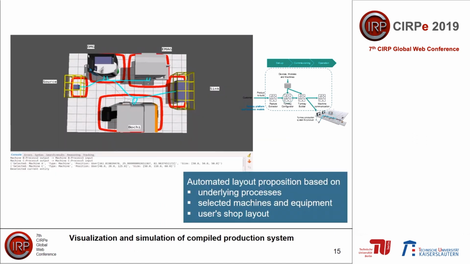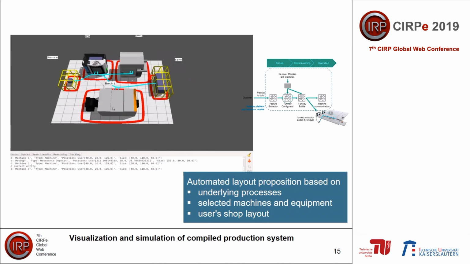Here we see the visualization of an example configuration using the open source VR engine PolyVR. This production has a source on the left with the raw material and the sink on the right. In red we have the outlines of the clearance areas for the individual machines or stations, and in blue we can see the value streams or transport paths.